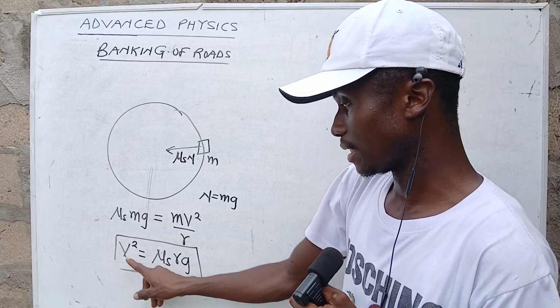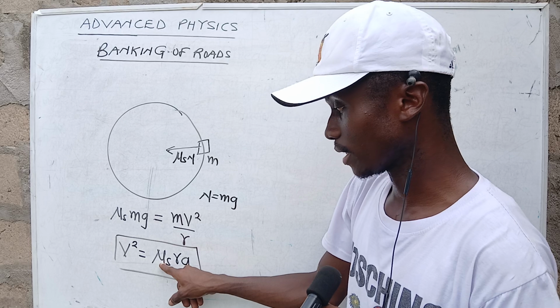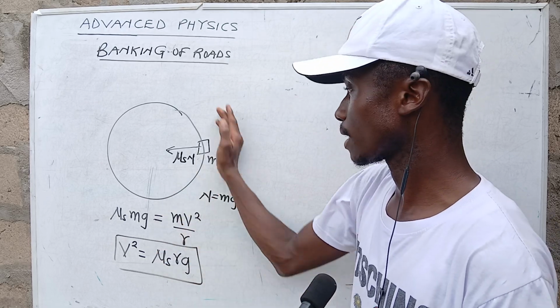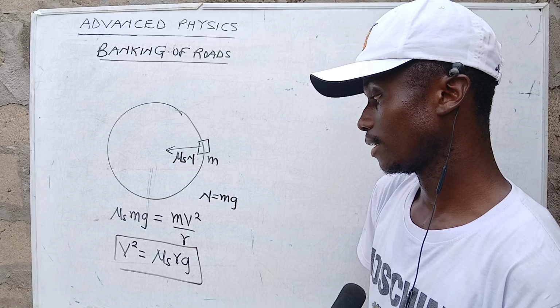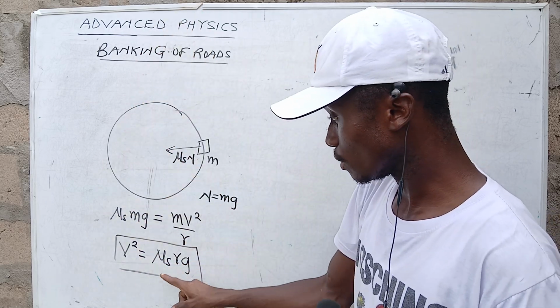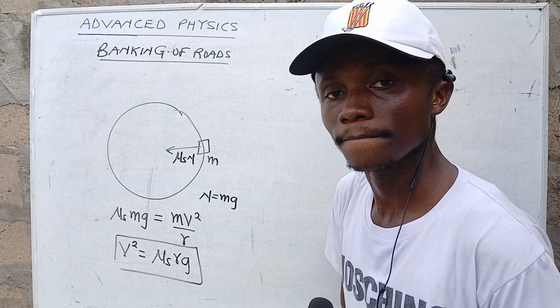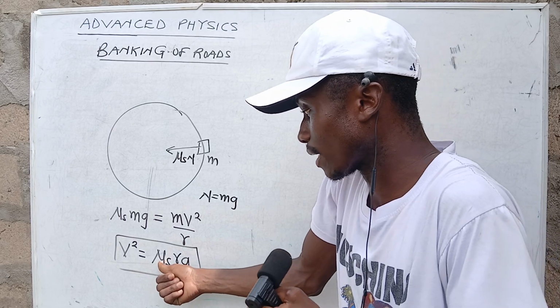So for a higher speed, there should be more friction. So for a constant friction, if you want to negotiate a curve of constant radius with a constant g, if you want to increase the speed, then you need more friction. But then you cannot get more friction.